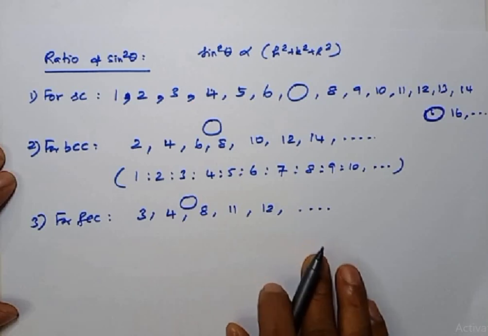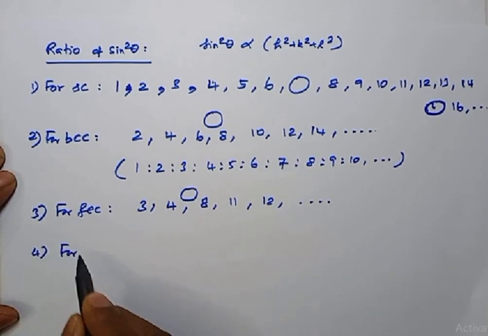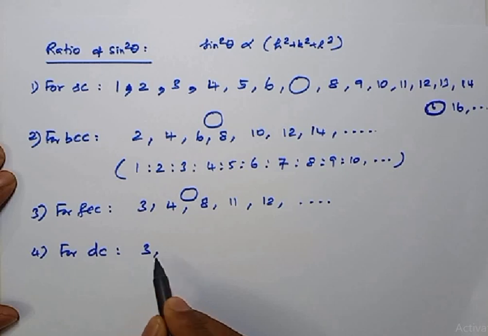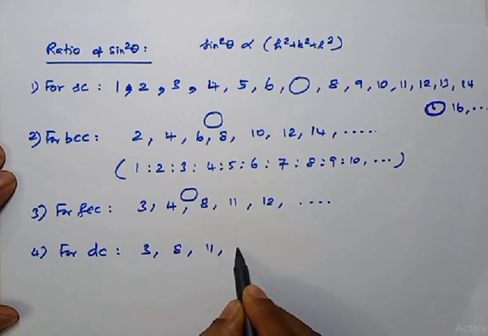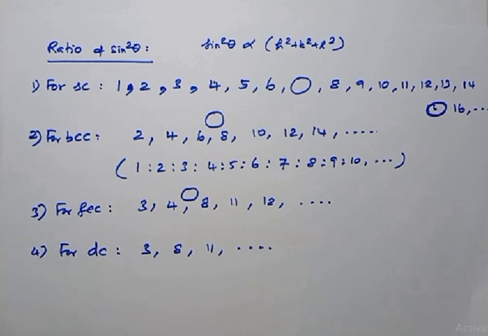These are all values for FCC. Then I'll give for diamond cubic also. For diamond cubic crystals, the allowed possible values are 3k, 8k, 11k, etc. Okay, take them.